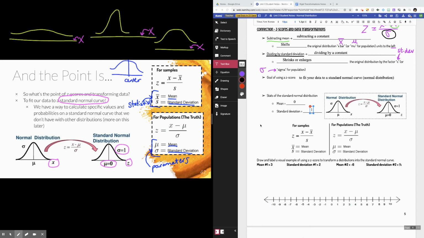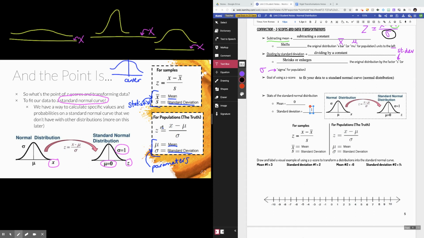No matter what, though, it's the same formula, whether you see it with statistic symbols like X bar and S, or with parameter symbols like mu and sigma. It's the exact same thing.